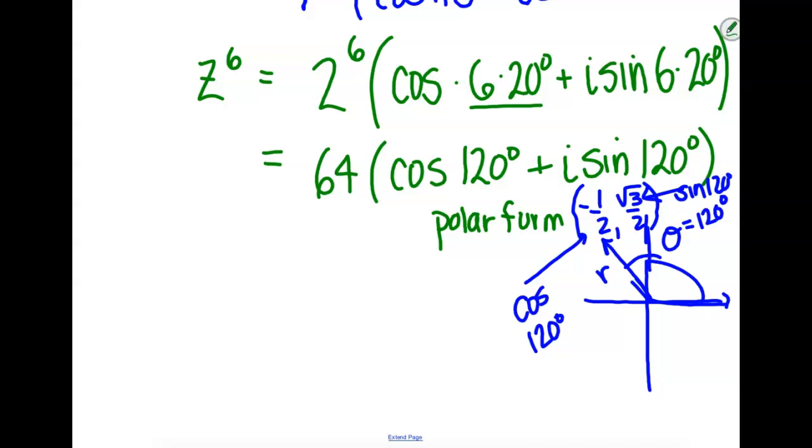So z to the 6th equals 64, cosine of 120 degrees is negative 1/2, plus the sine of 120 degrees is square root of 3 over 2.